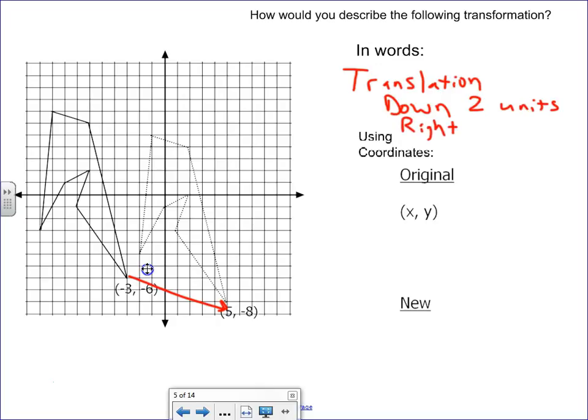Our x-coordinate goes from -3 to 5. That's right, 8 units. So original x, y are new. The x-coordinate goes right, so we went right 8. So we're adding 8 units. -3 plus 8 is 5. We went down 2 units, affecting our y-coordinate. So our y goes down 2. Okay? So that's the new coordinate notation we would use.